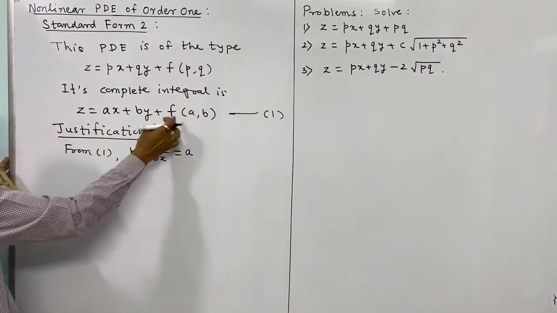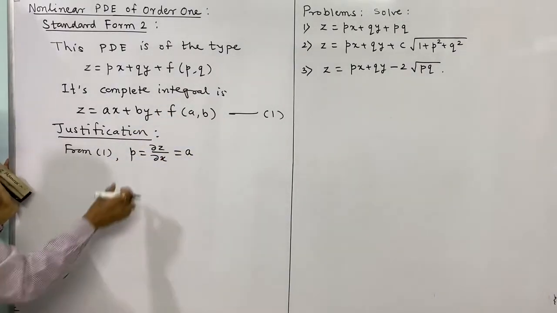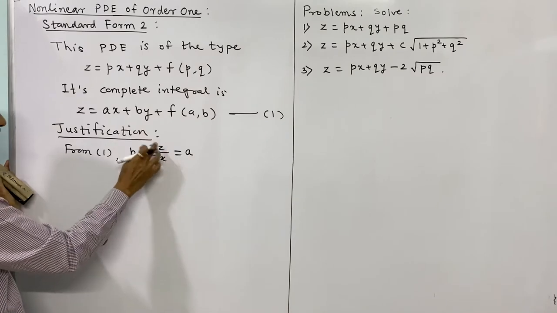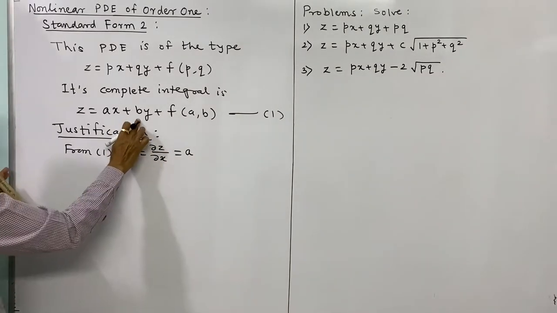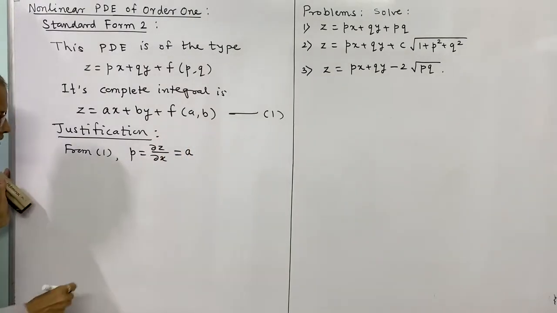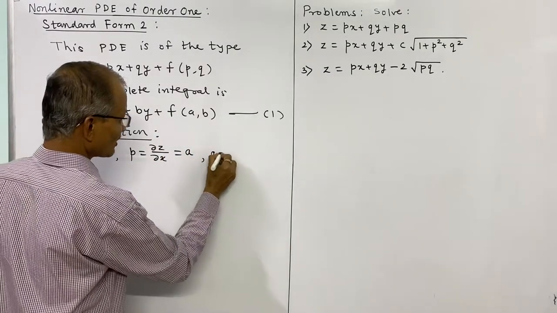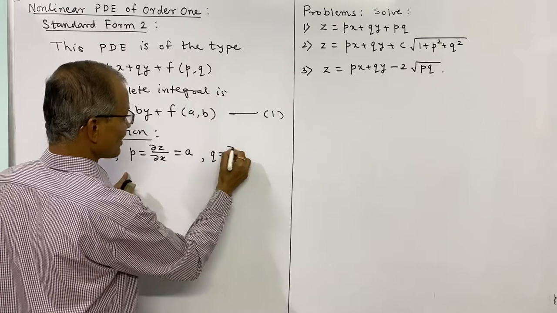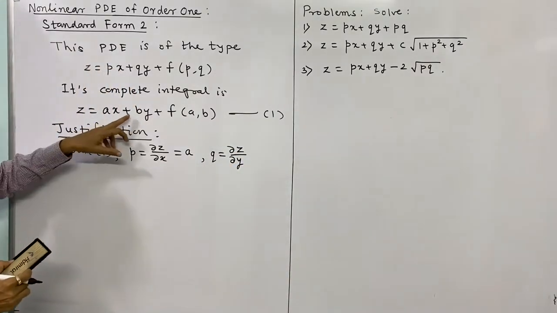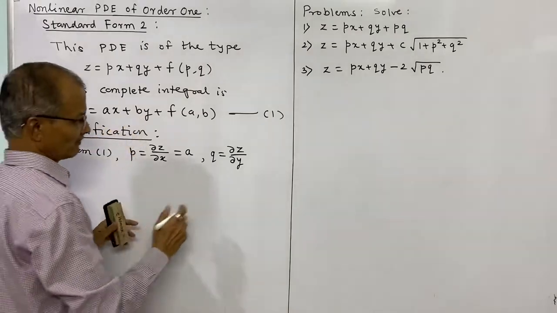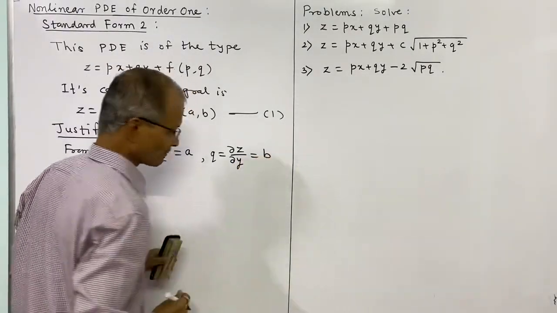That is, a and b are constants, and y is also considered constant when we differentiate partially with respect to x, so that derivative is 0. Similarly, q is the partial derivative of z with respect to y, and that will be only b. This we have seen earlier also.